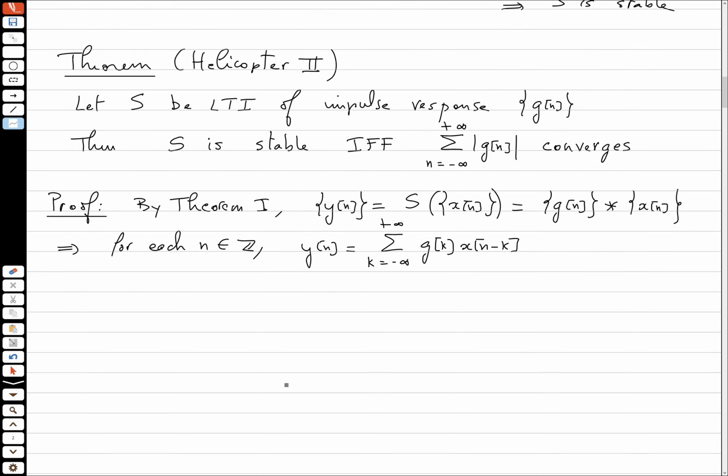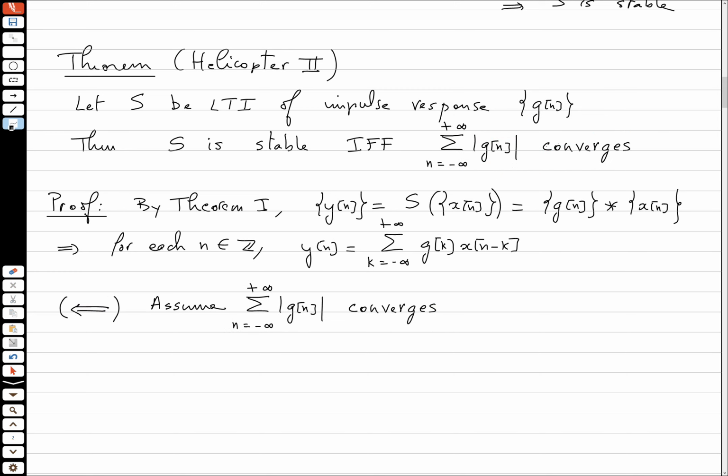So now I'm going to start the proof. And remember, the proof is in two parts. The easy implication is the backward implication. So let's start with the backward implication. What do we do? We assume these converge.